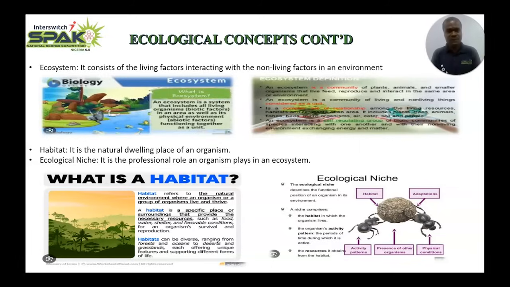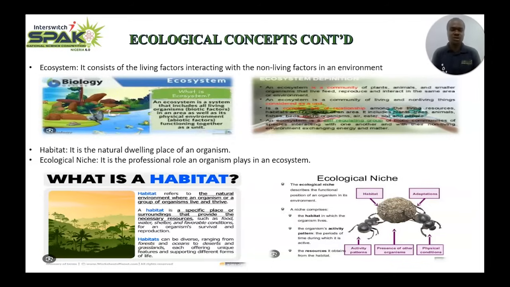We have the concept of habitat, which is defined as the place where an organism lives. Then we have the concept of community, biome, biosphere, and ecosystem. These are all the basic ecological concepts. We have habitat. What is the habitat?